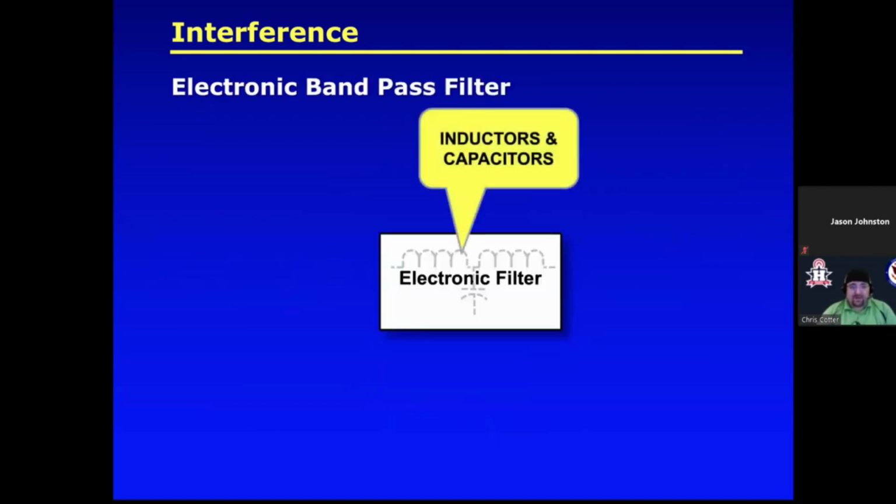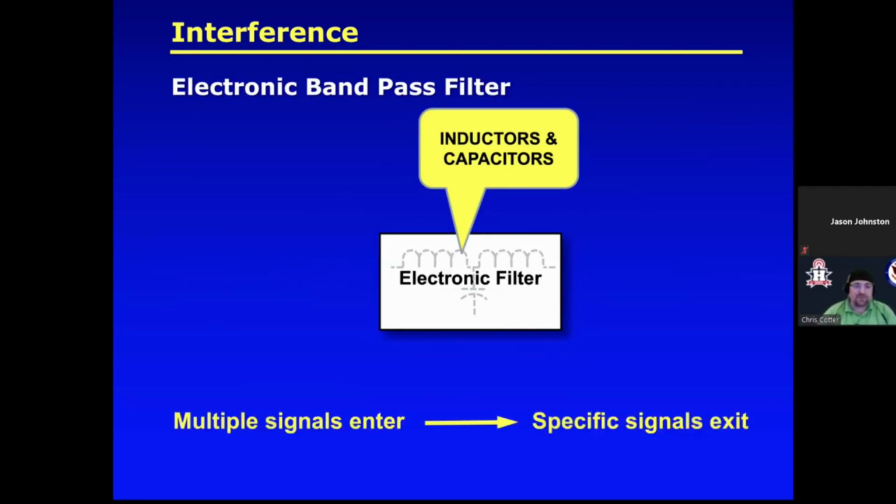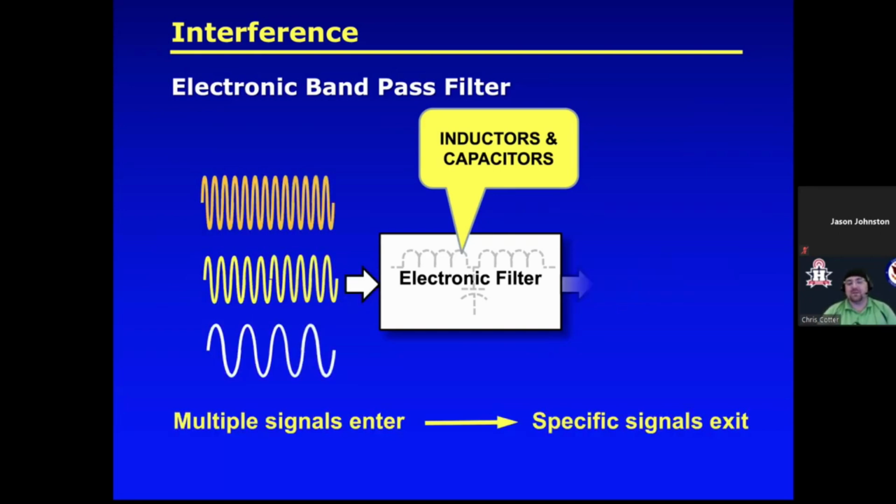Then you have electronic bandpass filters, which combine inductors and capacitors in order to basically filter out what you don't want to hear. In this case, we have 3 frequencies right there.